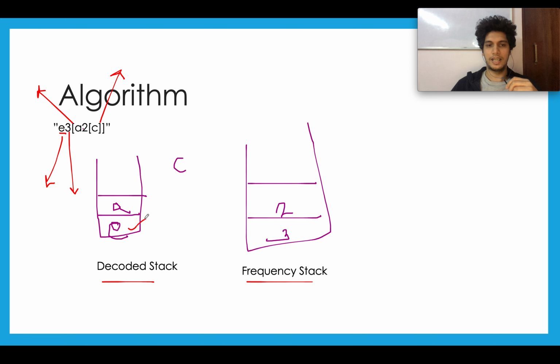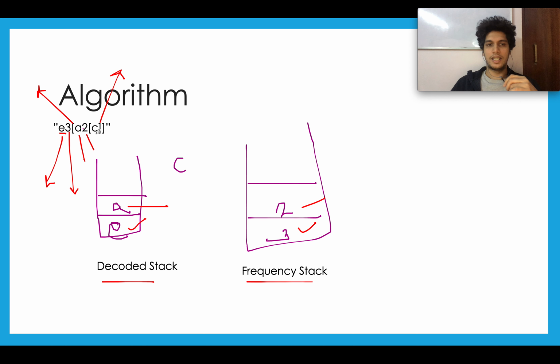So e got added here and 3 got added here, and you reset these values so that a new string and a new value of k are searched. Then the letter becomes a, and the value of k becomes 2. As soon as you see an opening bracket again, you push them into the stacks again. So a gets into the decoded string stack and 2 gets into the frequency stack.